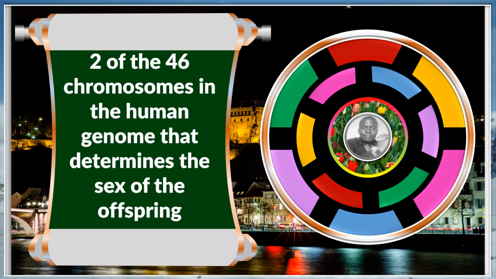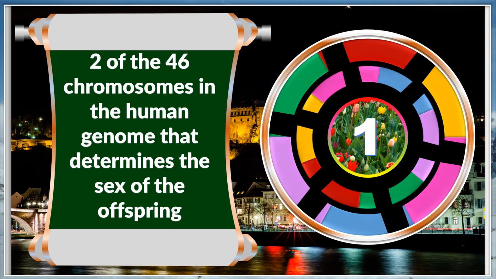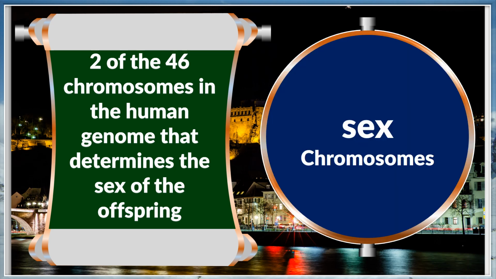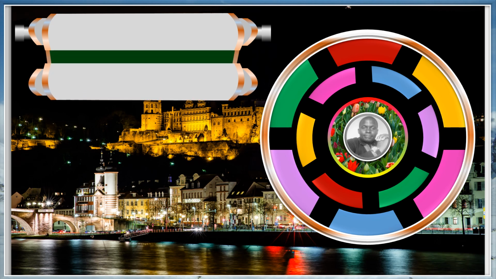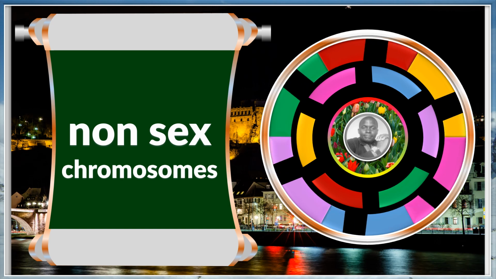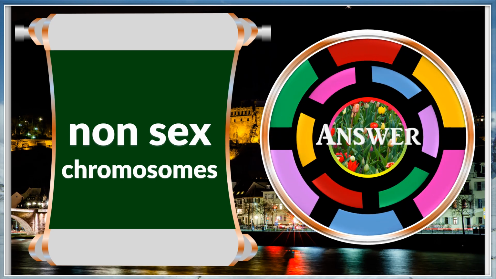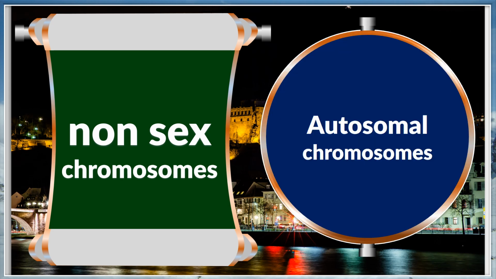Two of the 46 chromosomes in the human genome determine the sex of the offspring. Those are the sex chromosomes. Non-sex chromosomes: autosomal chromosomes.